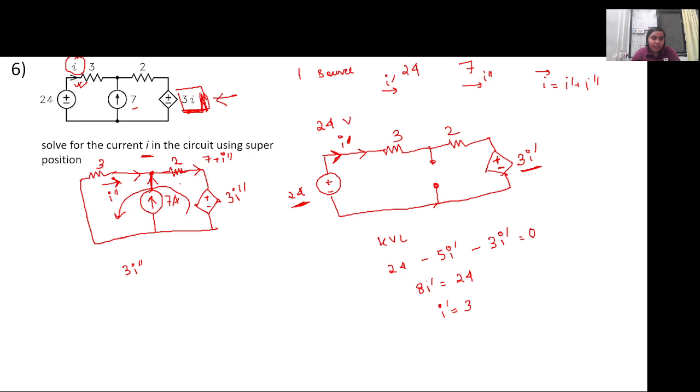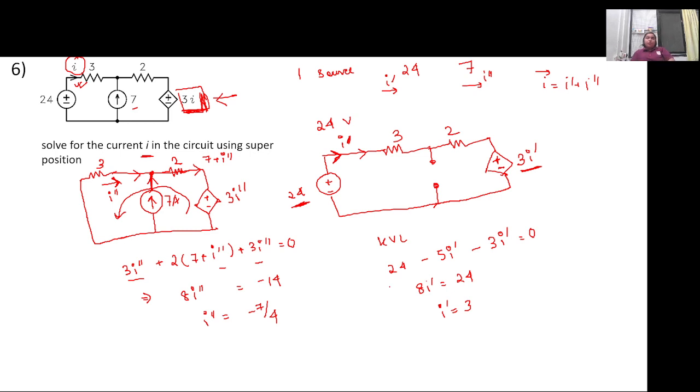So we are going against the current, so it will be 2 into 7 plus I double dash plus 3I double dash will be equal to 0. So this is 3 plus 2 plus 3, 6, 7, 8. 8I double dash will be equal to minus 14. I double dash equal to minus 7 by 4.